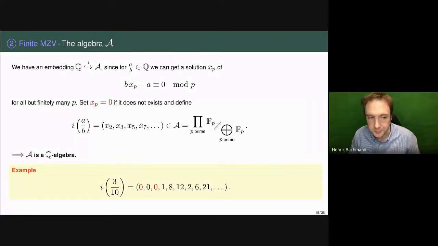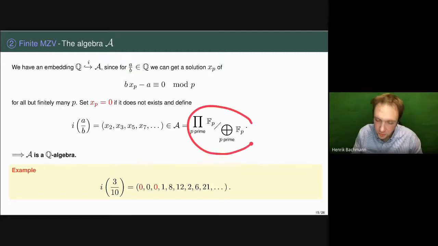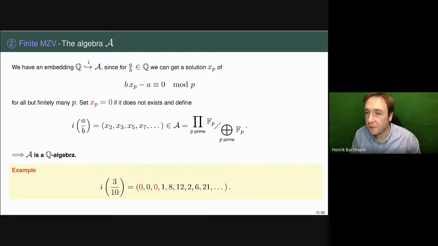If I have some rational number a divided by b, I cannot take this modulo p for all p, but there are just finitely many divisors of the denominator, and because I consider this object in the quotient, I don't care about finitely many places.